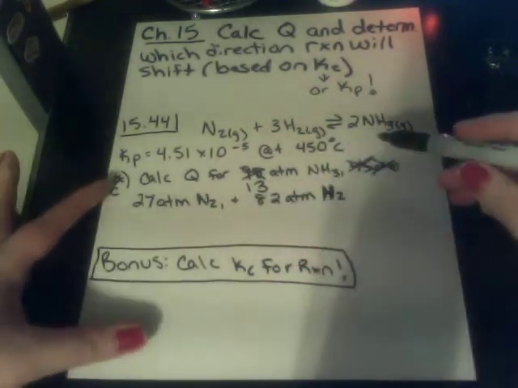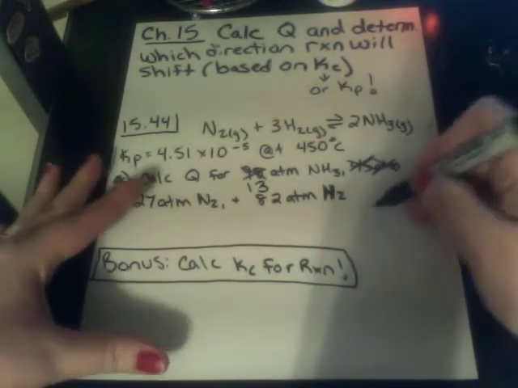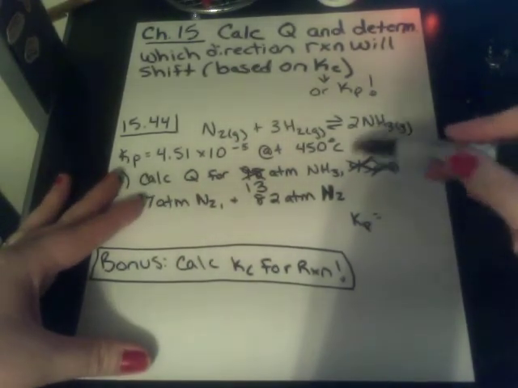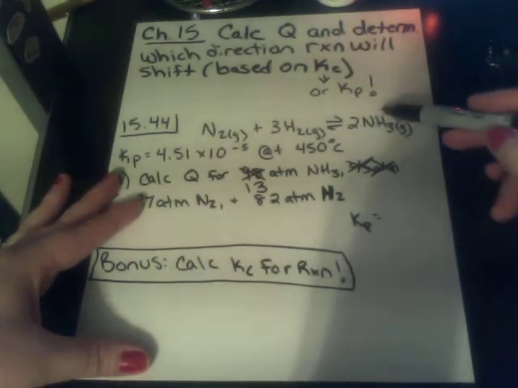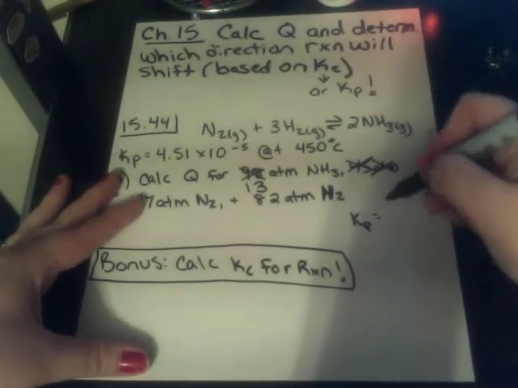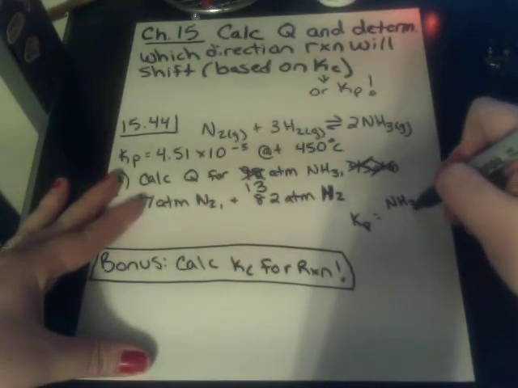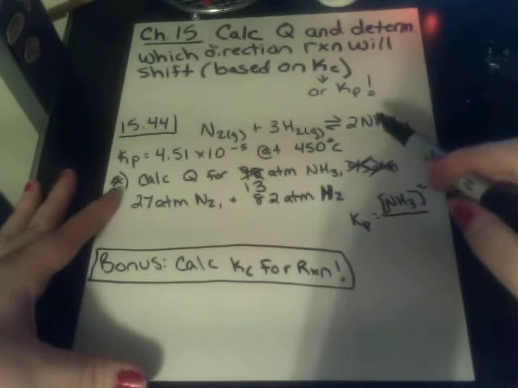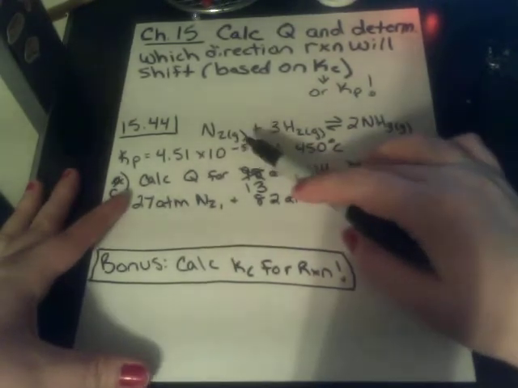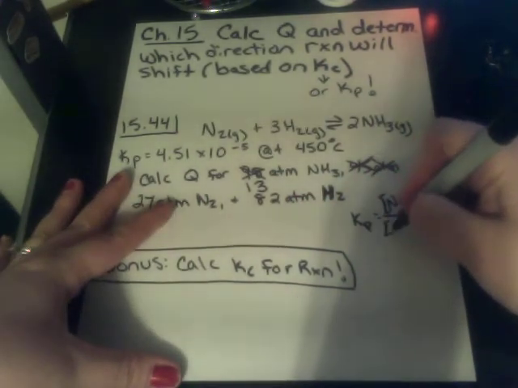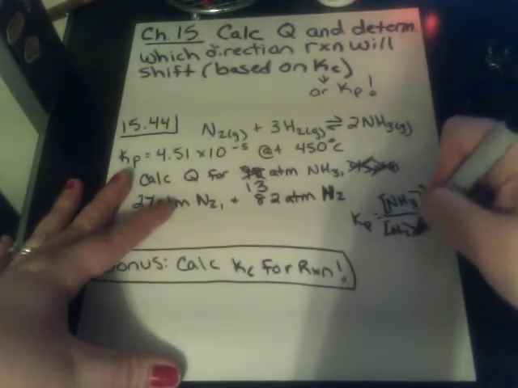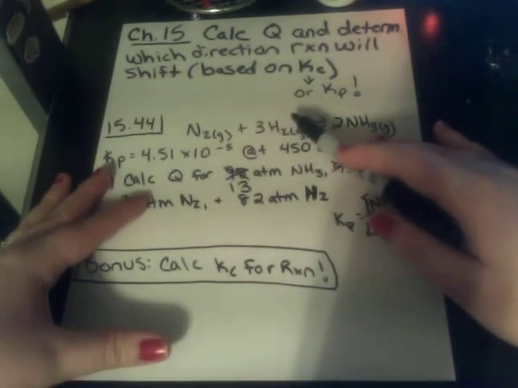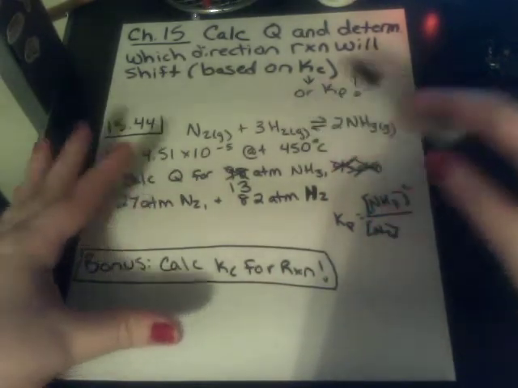So if we were to set up the K sub P equation, K sub P is going to equal the pressure of NH3 squared, divided by the pressure of N2, times the pressure of H2 cubed.